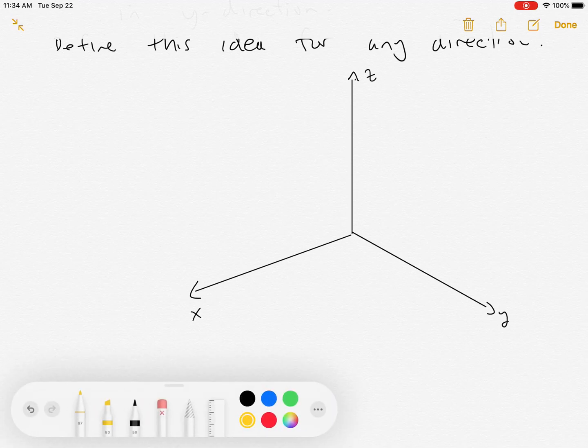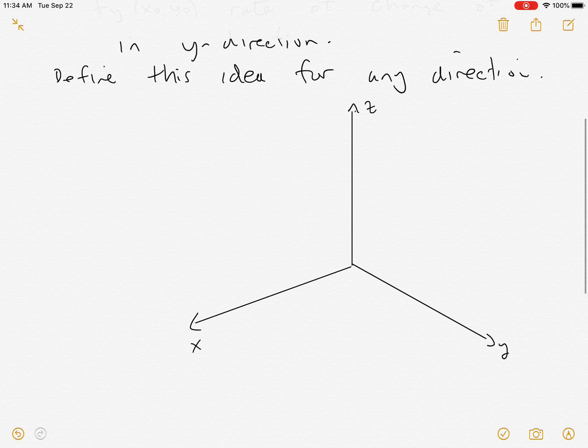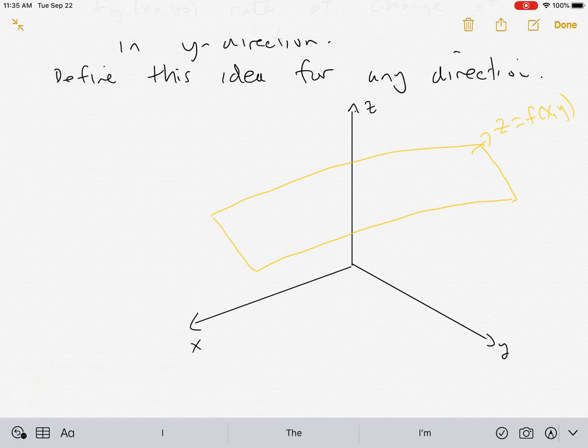It's kind of similar to the last round. I'm going to have the chunk of some surface here. This is going to be the surface z equals f of x, y, and we're just looking at a swath of this thing, okay?